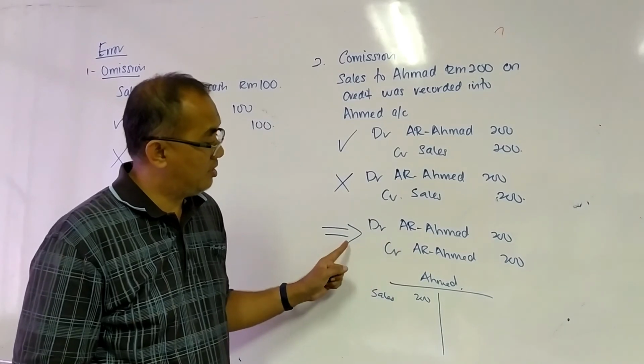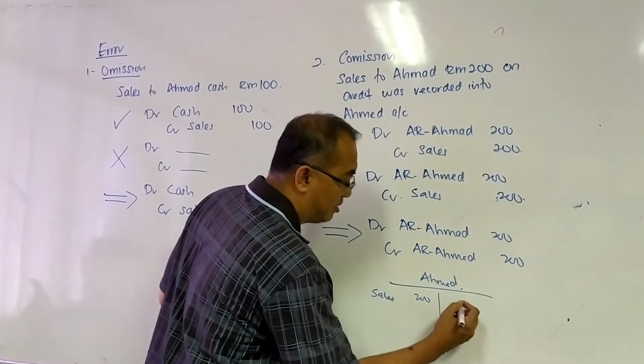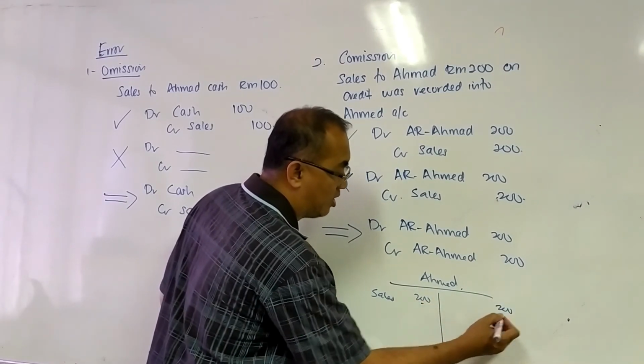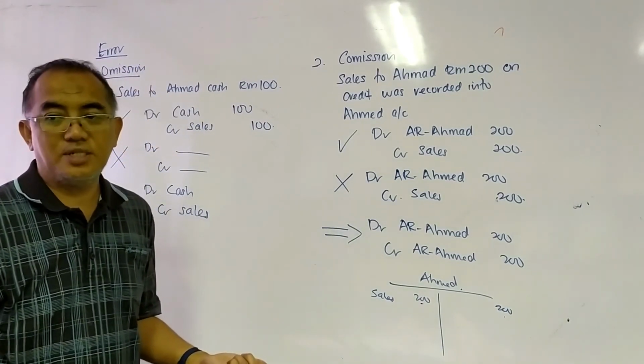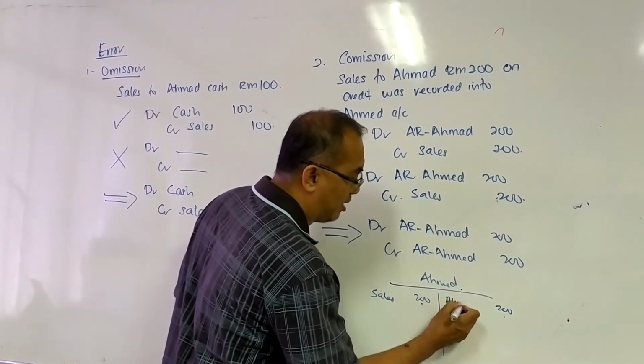But when you do the correction, you credit Ahmed, so you put 200 over here. So that's why 200 minus 200 is zero.